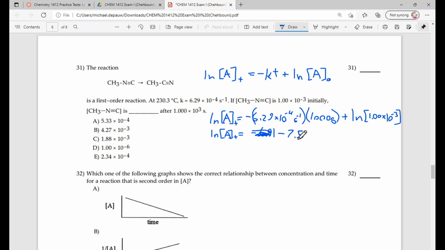Mm-hmm. And then you just raise e to both sides. So A at time t is going to be e to the negative 7.54, which is what?